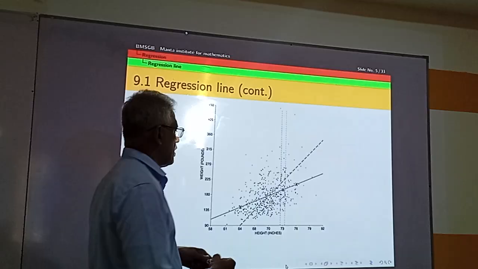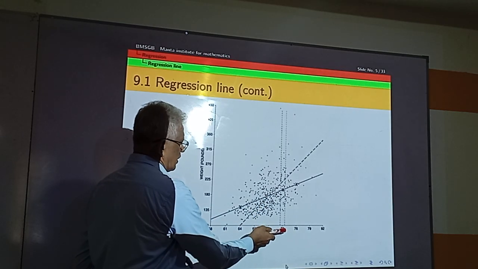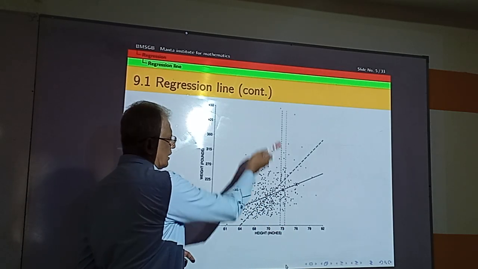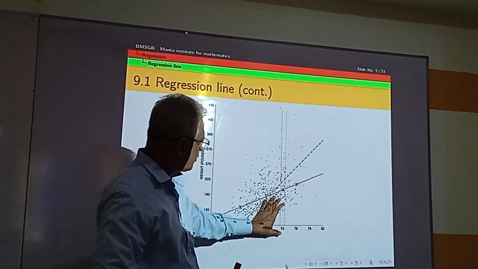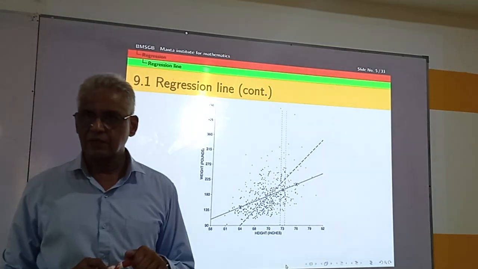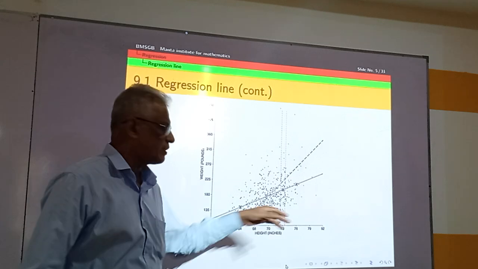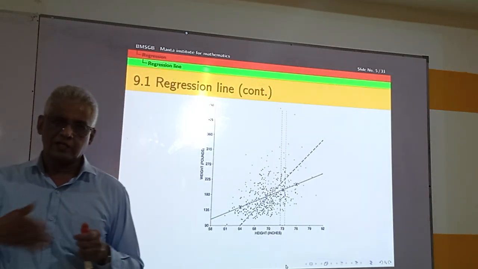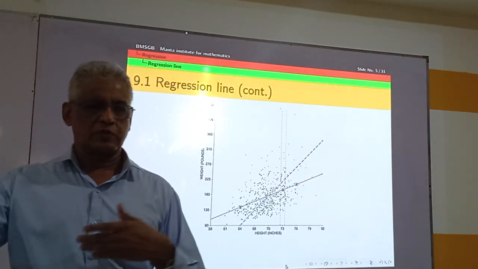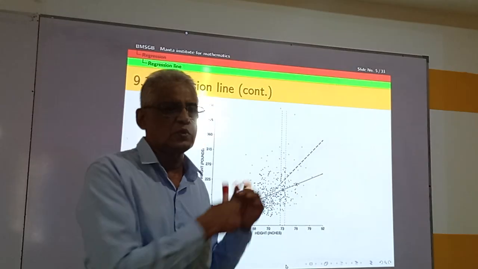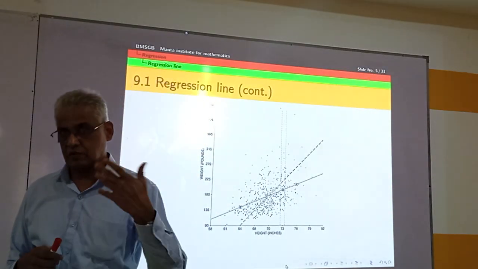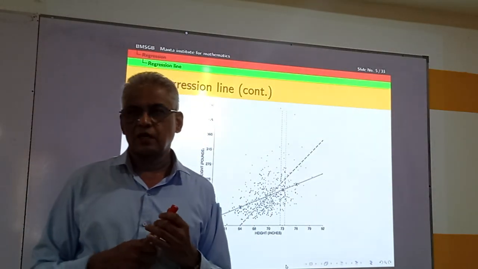Suppose now we know that when the height is equal to 73 in this sample, there are a large number of different weights, right? But if I take another person, a new person whose height is 73, and suppose somebody told me that there is a person whose height is 73, but we don't know his weight, right?